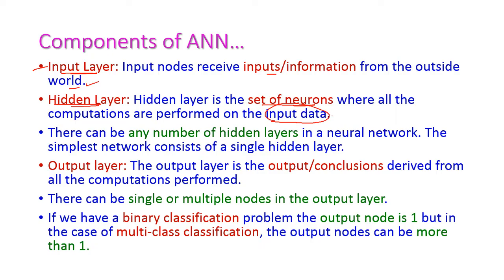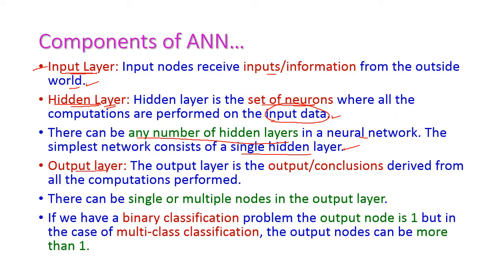The input data is given from the input layer and passed to the hidden layer, and all the computations will be performed in the hidden layer only. There can be many hidden layers in the neural network, and the simplest network consists of at least one single hidden layer.